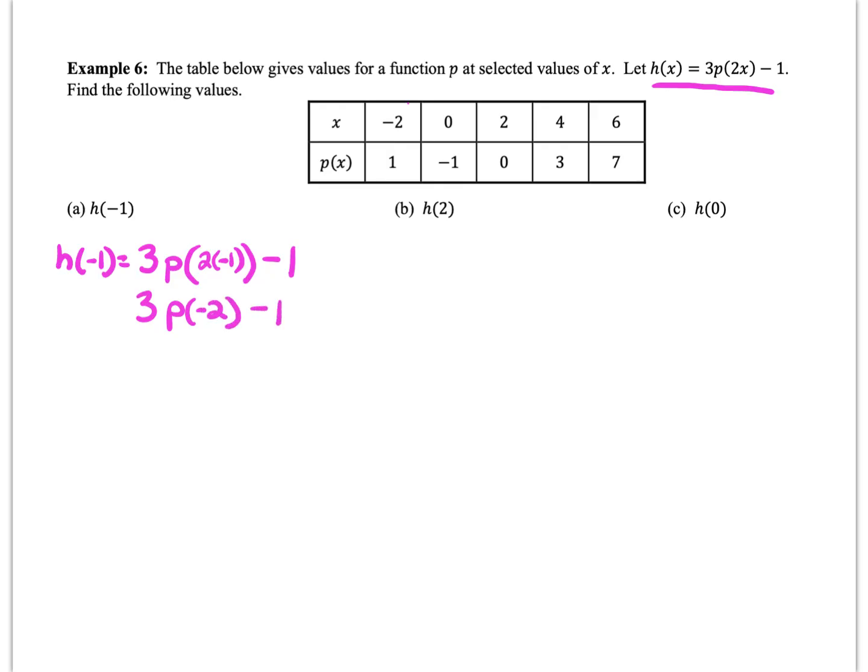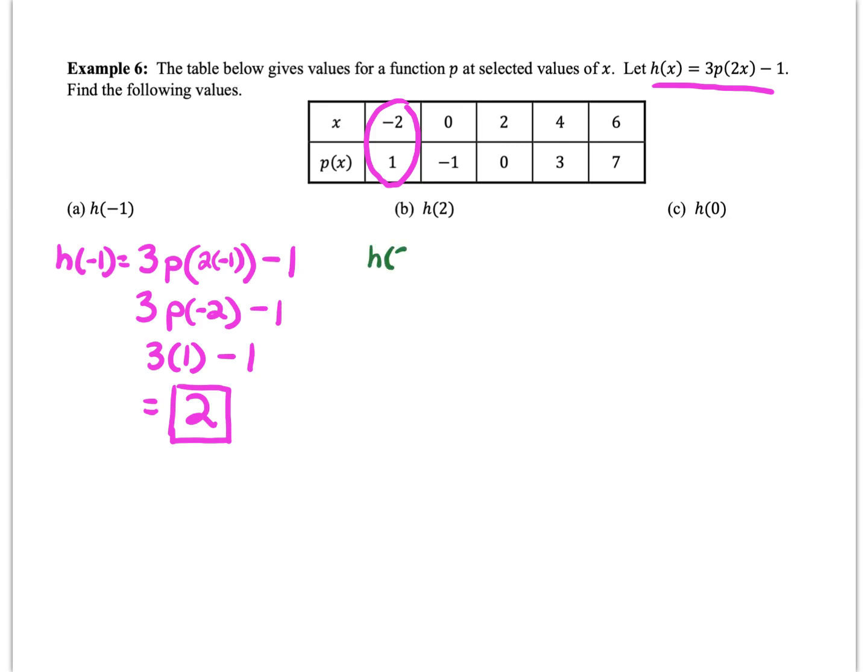We can go to our chart and find that p of negative 2 is equal to 1. So that's 3 times 1 minus 1. And when you do the subtraction there, that is going to be 2. So h of negative 1 equals 2. Let's try h of 2.